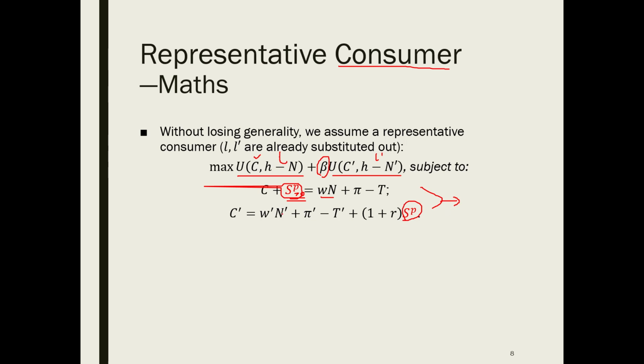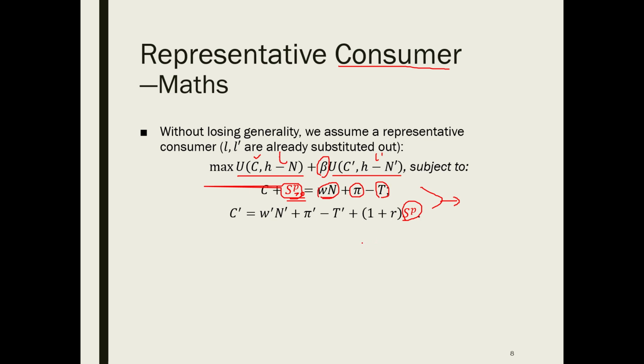The left-hand side describes the present value of consumptions, while the right-hand side describes the present value of income, including labor income Wn and capital income pi, net of taxes T. The right-hand side is also termed as wealth WE.